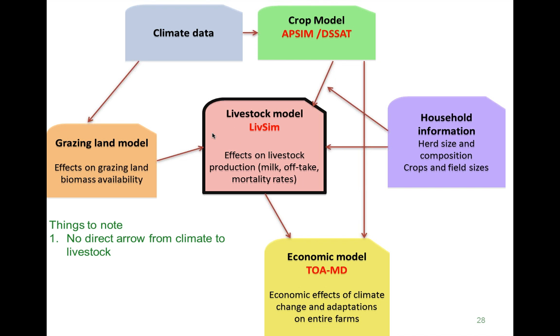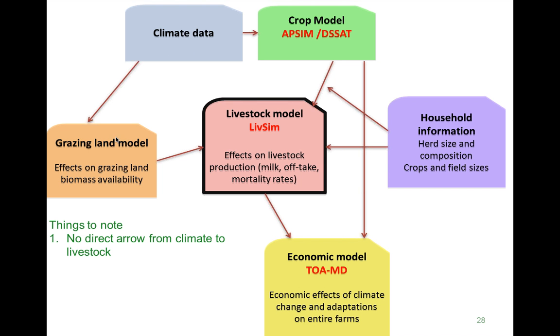The first thing to note is that there's no direct arrow from climate to livestock. That's also something I explained last time. In LivSim, we are not taking into account effects of temperature on animal productivity.